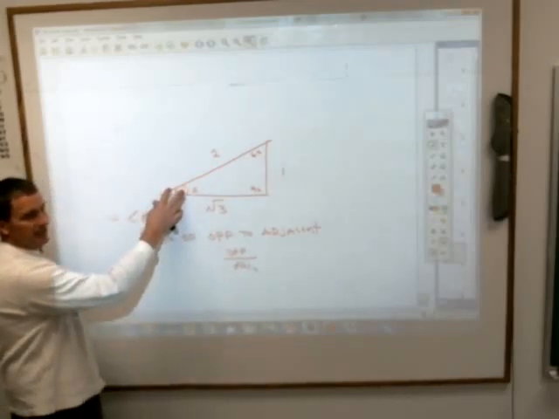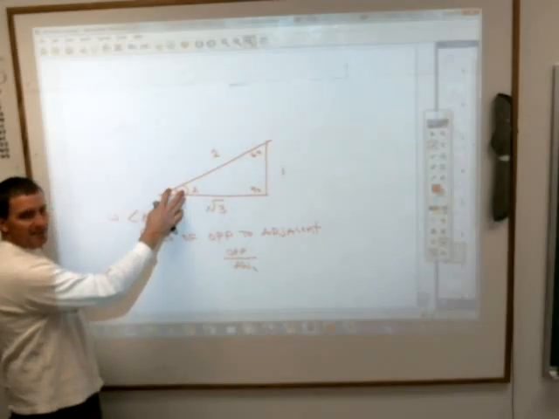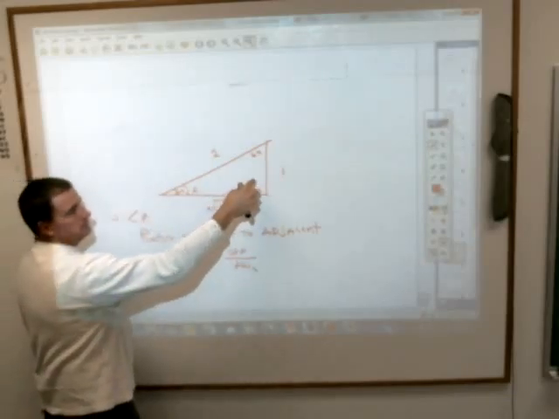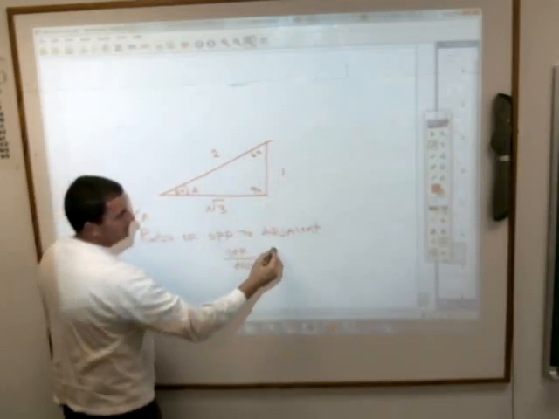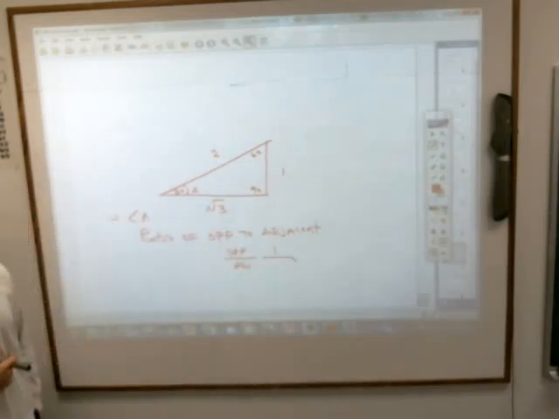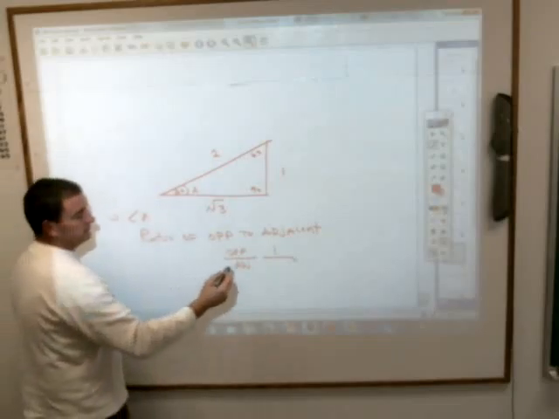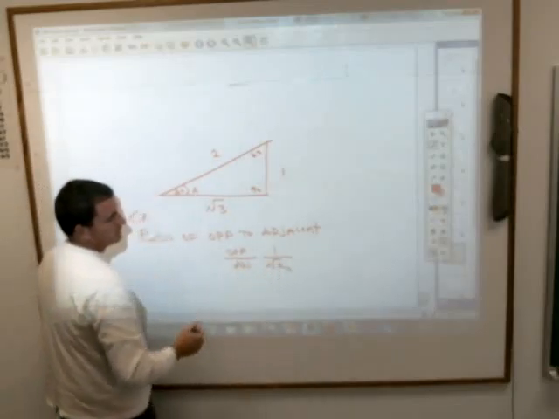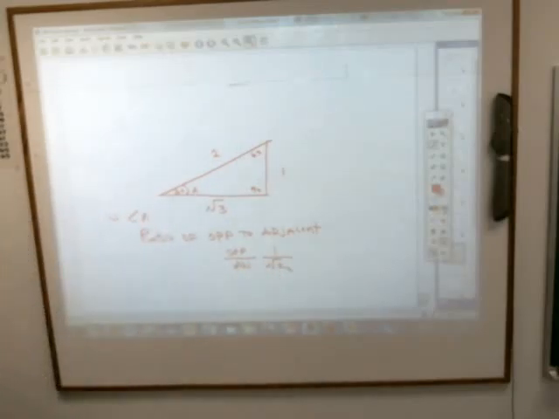So here's my angle A. What side is opposite the angle A? 1. What side is adjacent to angle A? I'll give you a clue. It's not the hypotenuse. It's the square root of 2. Okay. Wait, why did I put the square root of 2?